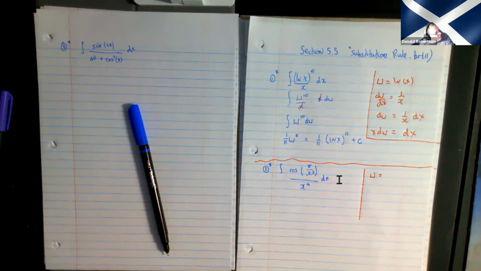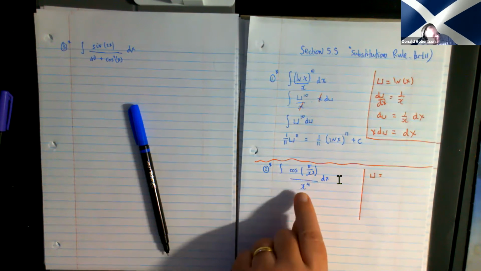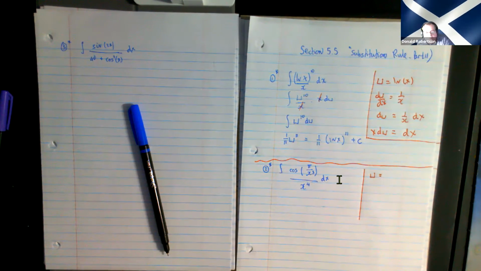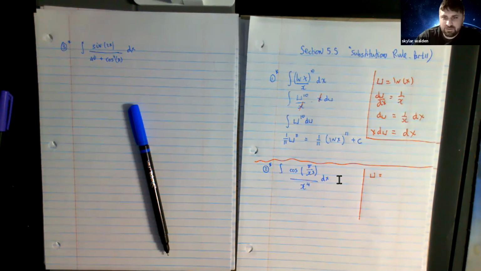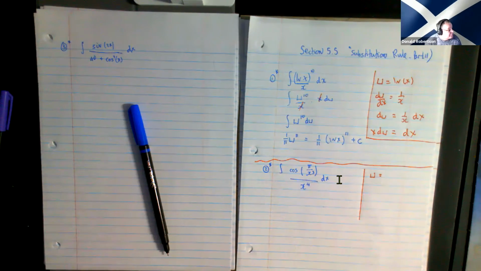Because it's one of those, but it can't be both. Pi over x cubed or x to the 4? What would be your gut feeling for the U-sub? It's okay to get it right. Pi over x. Okay, it's okay to get it right as well.